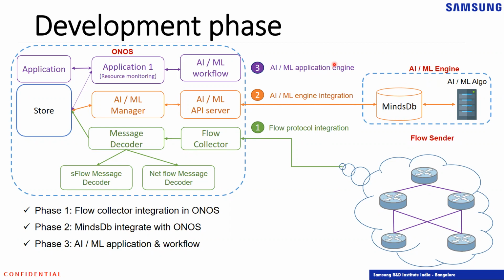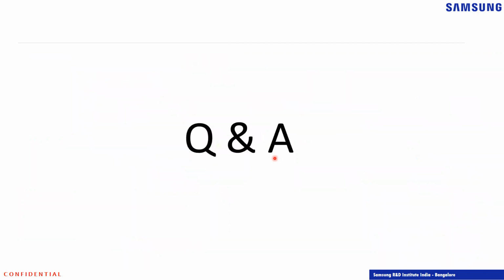And the third phase will be enabling the AML intelligence for the applications in ONOS through the MainSTB agent. So yeah, these are the development phases we are currently proposing, and that's it from my side. Thank you all. If you have any doubts, you can ask, please, always welcome.